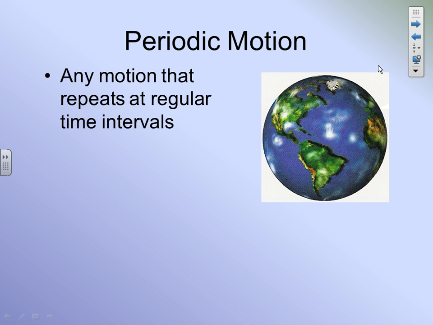Those are all regular periodic motions, right? Now, the reason why that's important is because we talked about that waves are created by a disturbance. But more often than not, it isn't just a single disturbance that creates a single wave. A lot of times it's a repeating pattern of disturbances that causes a repeating pattern of waves. There are some instances where you have an isolated disturbance that creates one wave, like a tsunami, right?